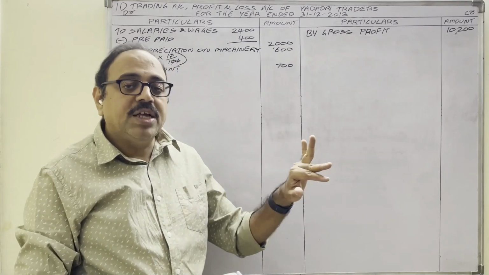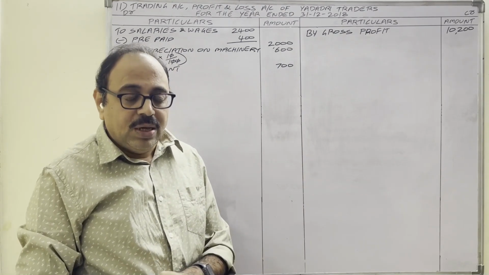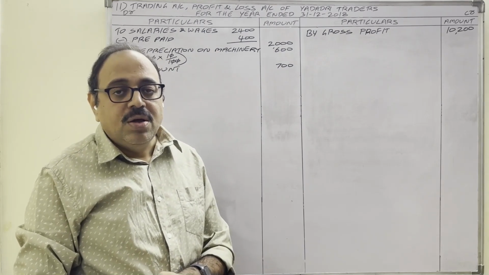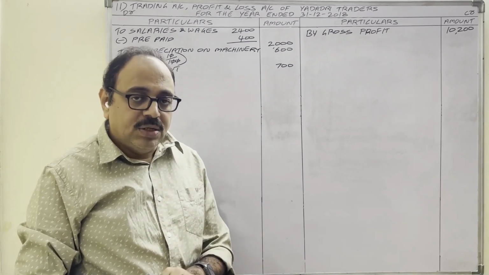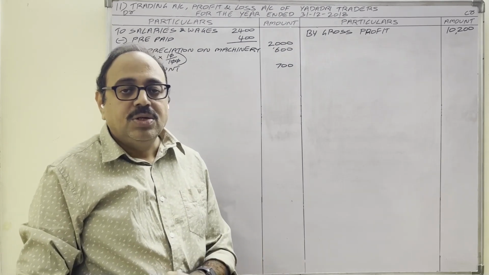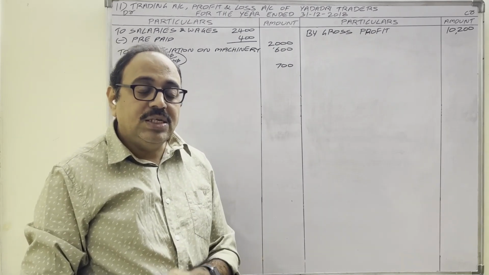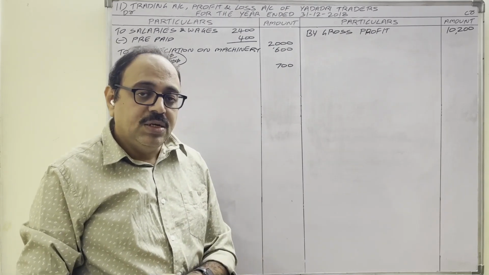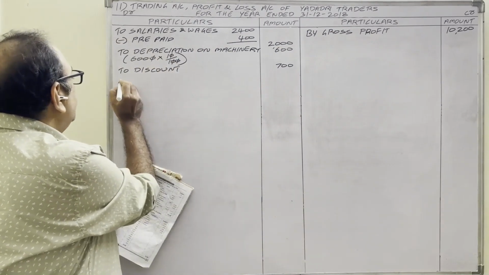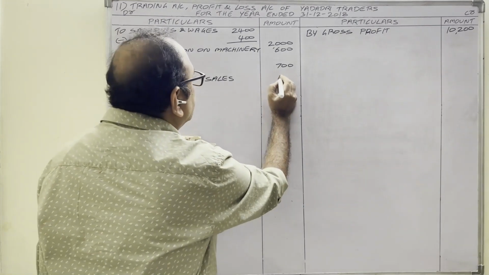That is direct expenditure, because only after bringing them do we manufacture the goods. Carriage on sale or carriage outward means what? We manufacture the product and give a free home delivery facility to our customer. So we are transporting from our showroom to the customer's house. This is an after-manufacturing expenditure. Therefore it is indirect expenditure, P&L account debit side. To carriage on sale, 400 rupees.